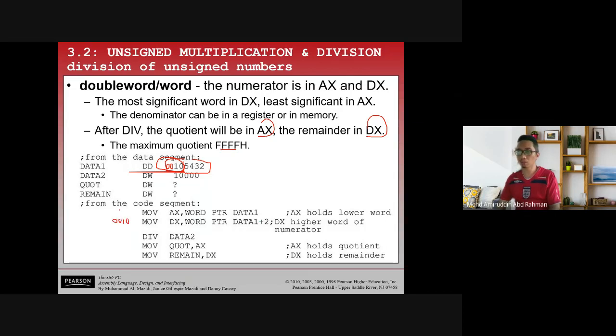Over here we contain 5, 4, 3, 2. And then we divide the data 2. So with this data 2, the result will be stored in the AX and also DX.